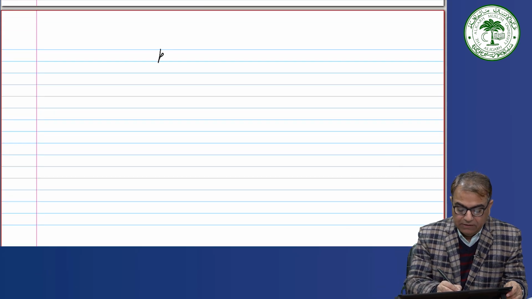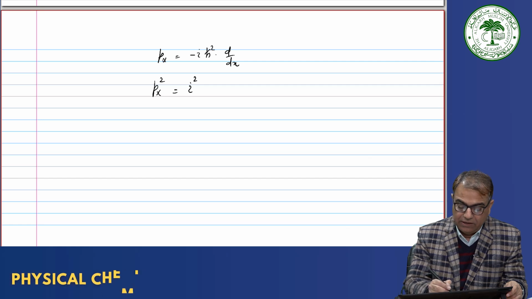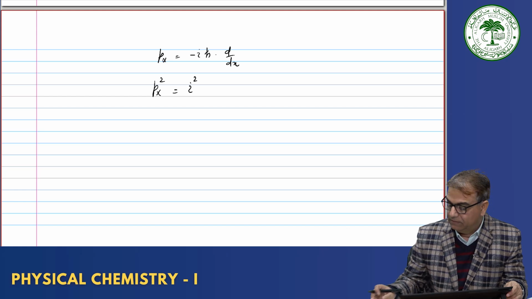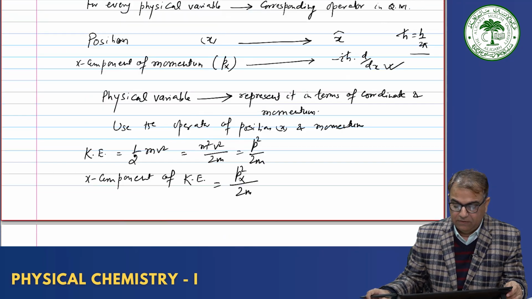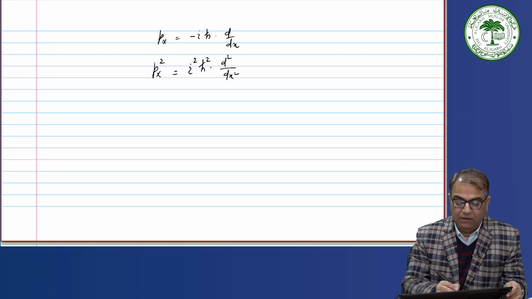So, px is minus i h cross d/dx. So, what will be the square? Px square will be, let me check, yes, minus i h cross d/dx, squared. So, it will be i square h cross square d square by dx square, and i square is what?